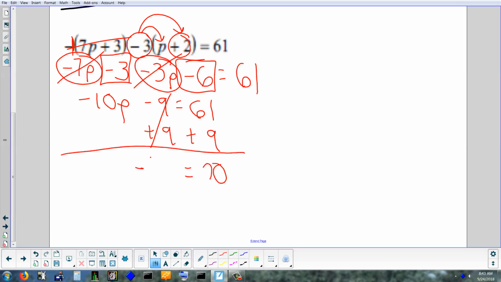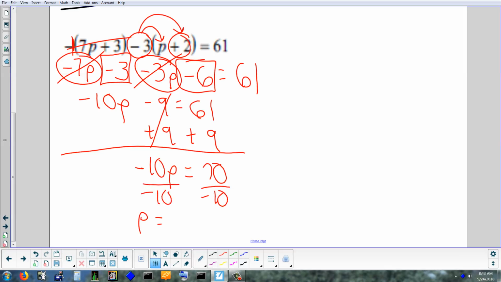Eugene? -10p. Last step is going to be what? How about Nigeli? What's my last step? Divide by what number? Negative 10. When I get to that last step, I always want to divide by the number that has the variable attached.